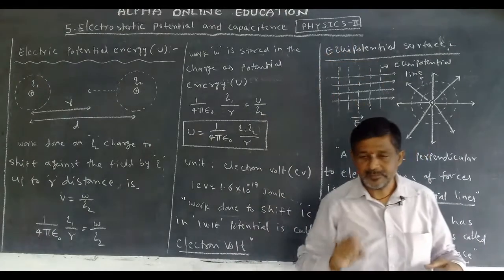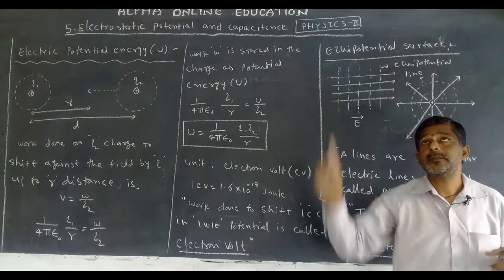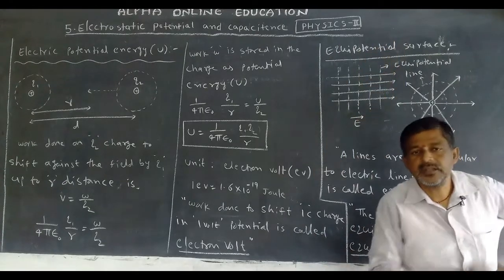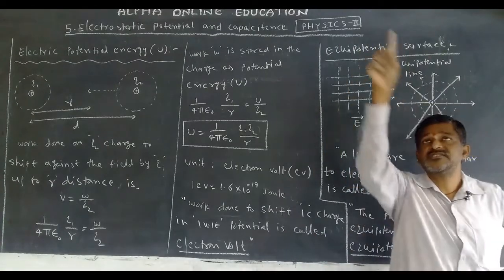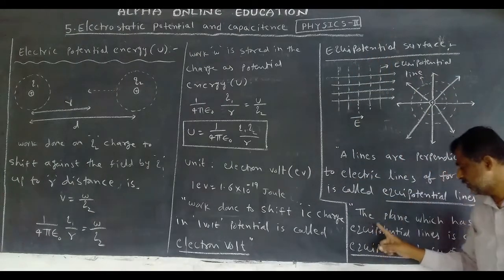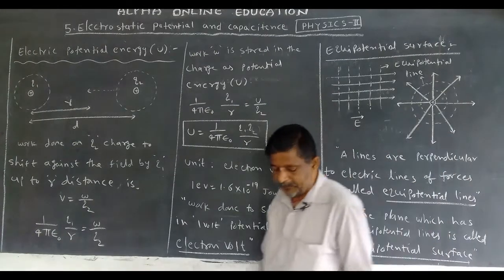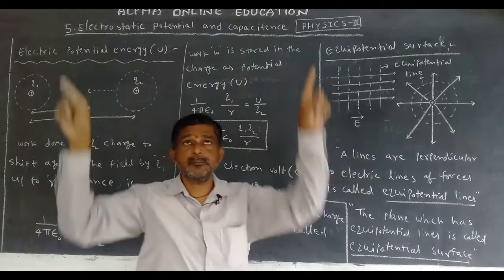This is another equipotential line. This is another equipotential line. This is one plane or one surface.